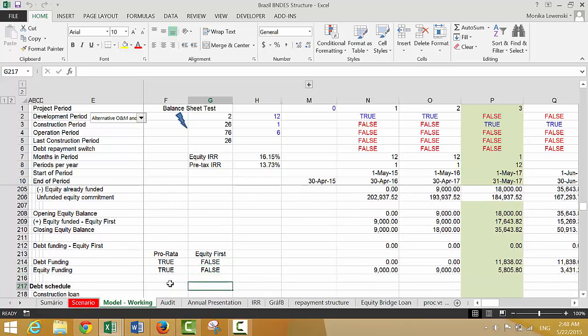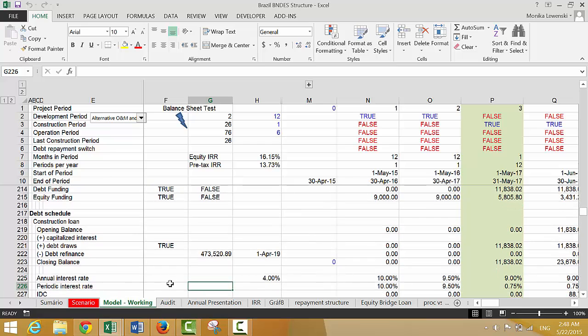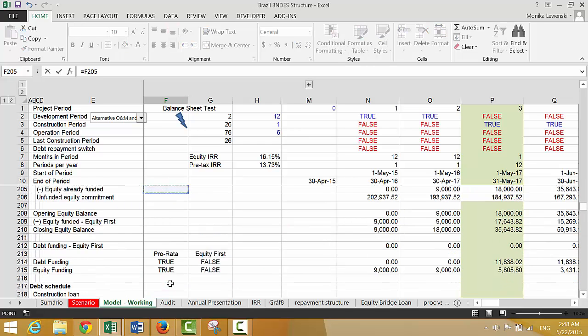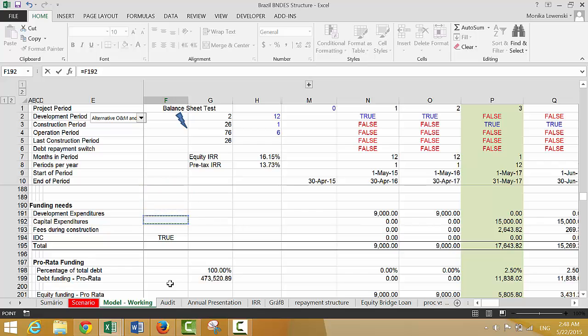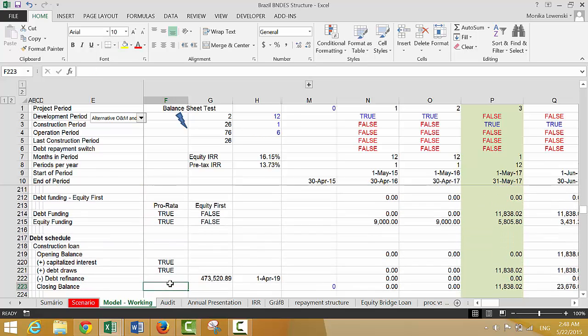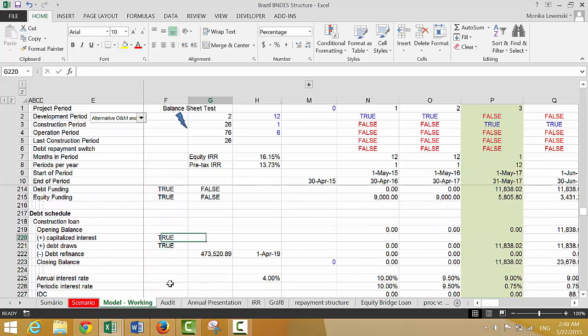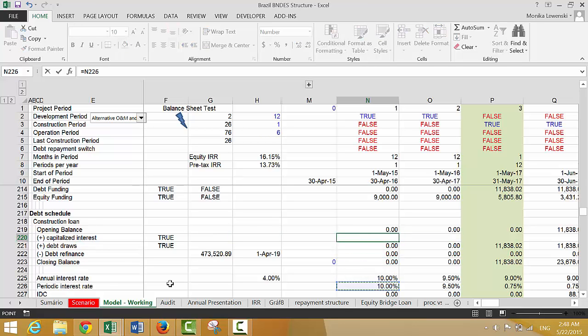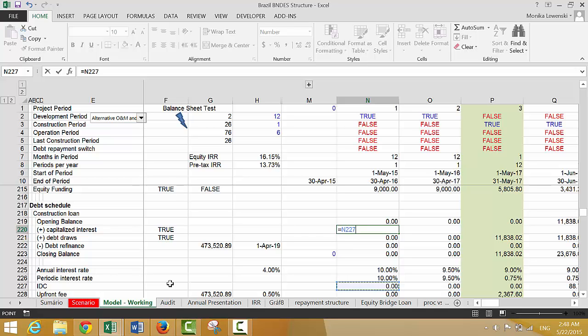Now, when we go to the debt schedule here, the capitalized interest, okay, let's put this true up here again. So what we do is take the IDC, the capitalized interest, and multiply it by the switch.